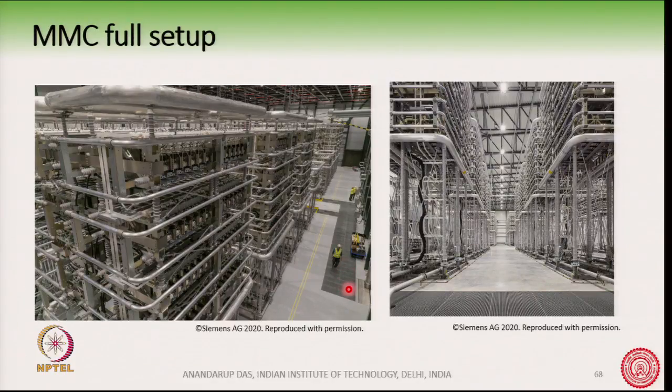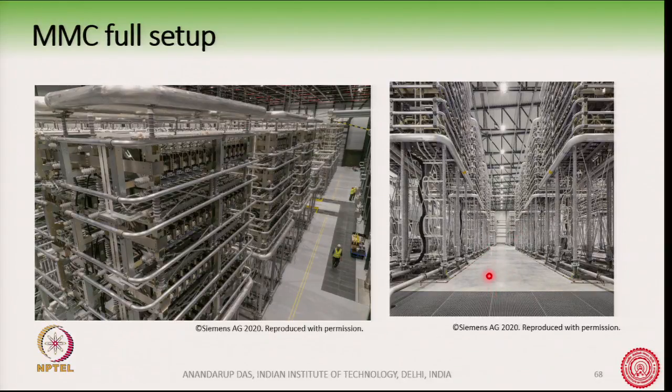And so, this is a converter station, and the size of this tower or the size of the converter station can be understood by comparing it with the size of this person who is here. So, you can understand how long and how big this converter station is.